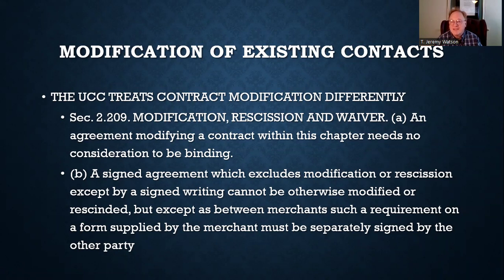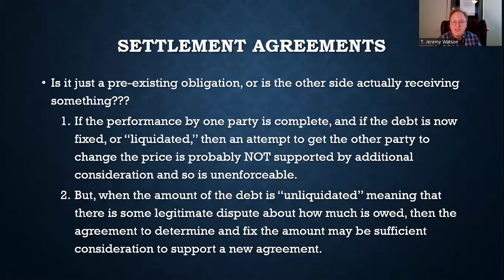Even if your agreement says that it can't be modified, well, you can modify that agreement. You don't need independent consideration as long as there is a signed writing. All right. So that's the difference between common law and the UCC. The common law, again, requires independent consideration going both ways for every modification of a contract. The UCC does away with that obligation. It says an agreement between the parties, as long as there's an agreement, you don't need independent consideration to modify the contract. In some situations, though, that modification has to be evidenced by a signed writing.